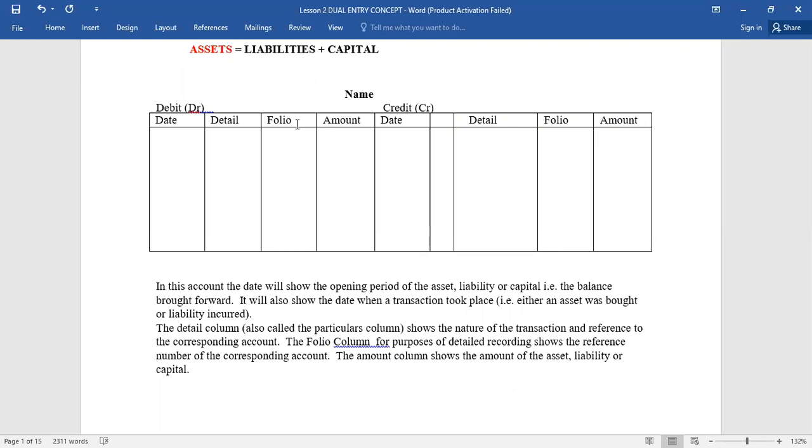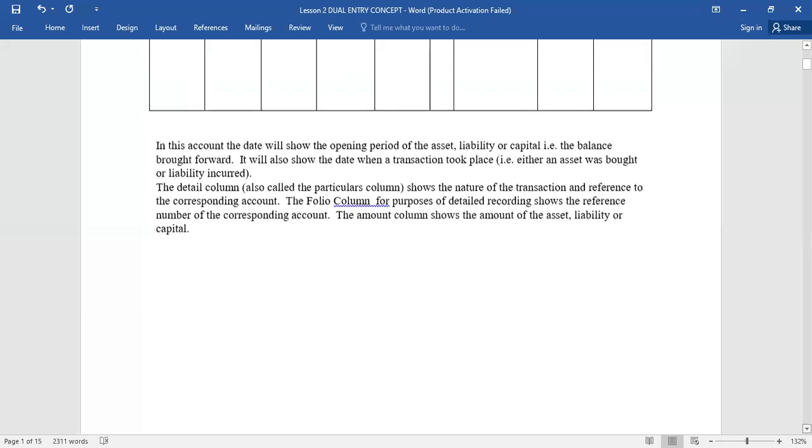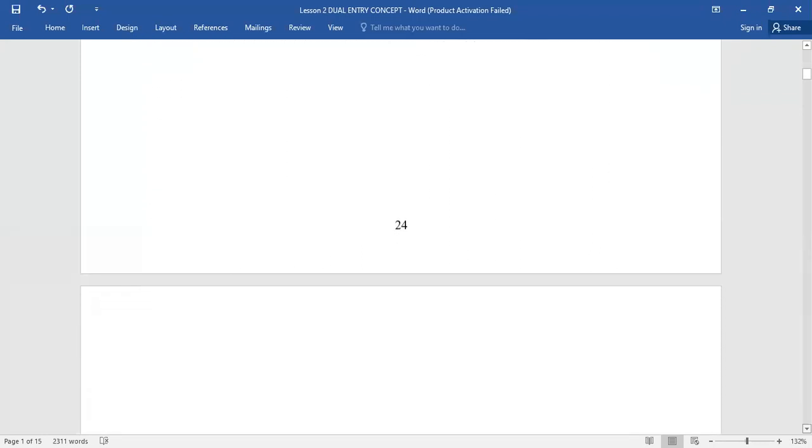While generalizing, we'll tend to avoid the folio, but folio is generally generated systematically for those institutions that are using accounting systems. So we go on. The folio column is supposed to record the reference, and of course we have the amount of the transaction that is held.